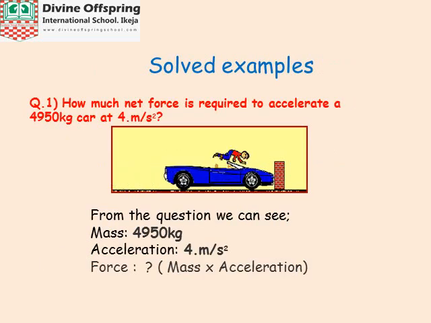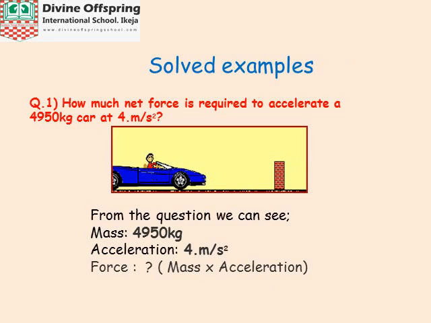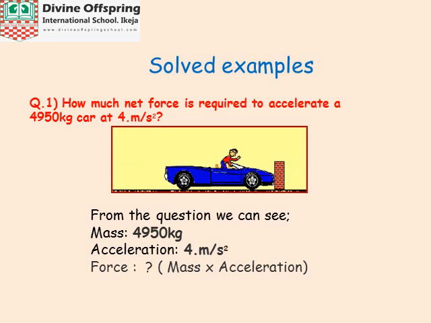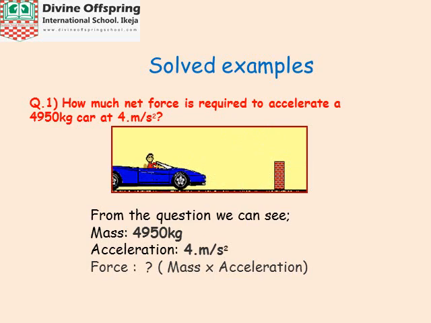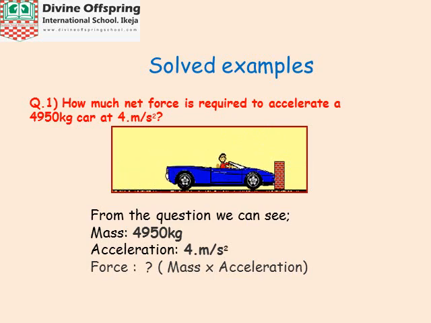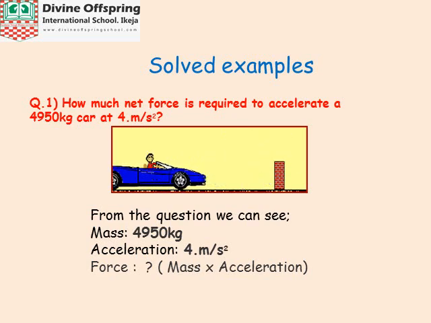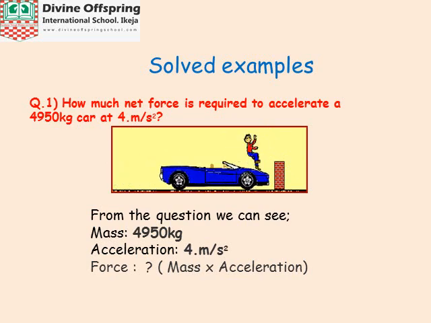Now take a look at this. The first example: how much net force is required to accelerate a 4,950 kilograms car at 4 meters per second square? From the question, we can see that mass is what? 4,950 kilograms, isn't it? Then acceleration is 4 meters per second square.